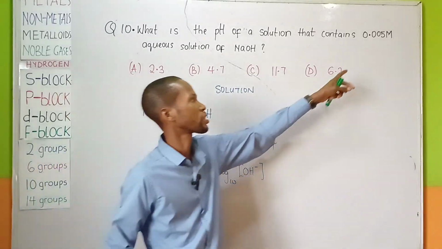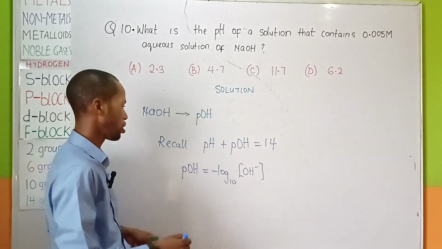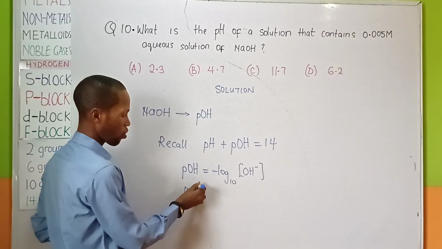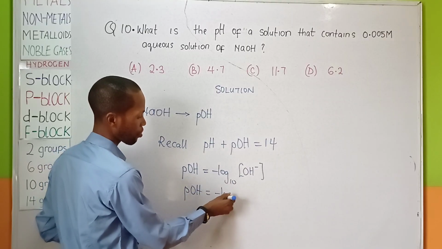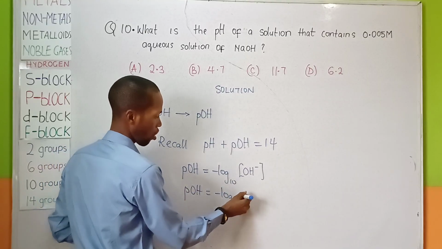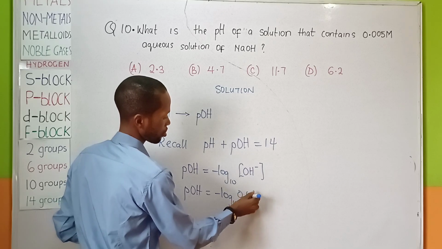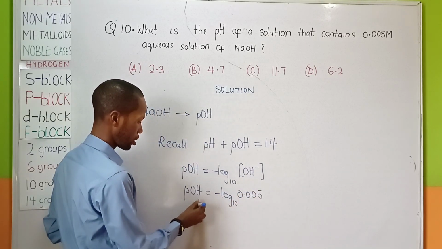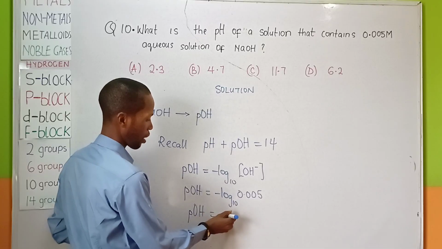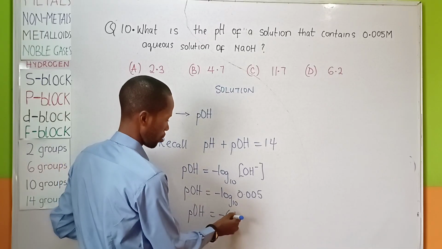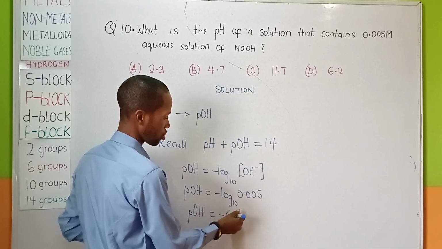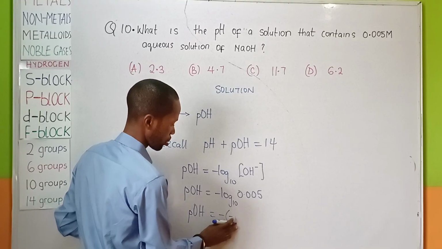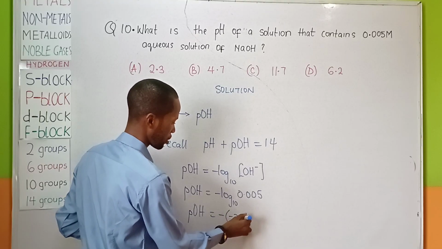Okay, so we have the hydroxide ion concentration right here. So we have pOH equals negative log to base 10 of 0.005. Okay, so pOH equals minus what? Log 0.005 will give us minus 2.3.